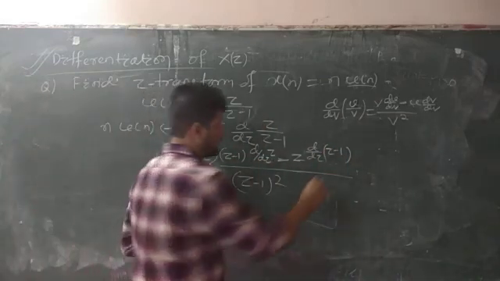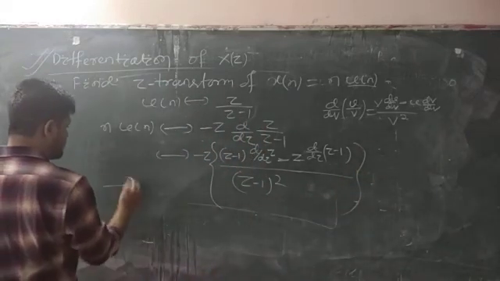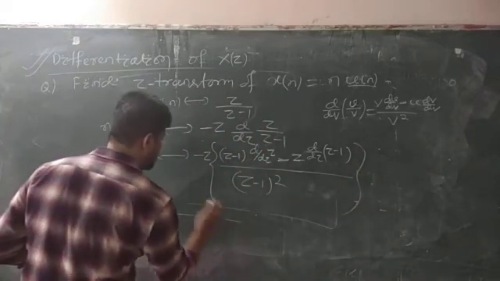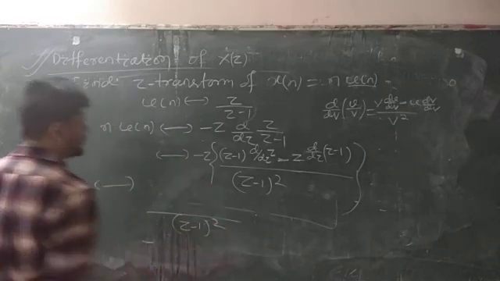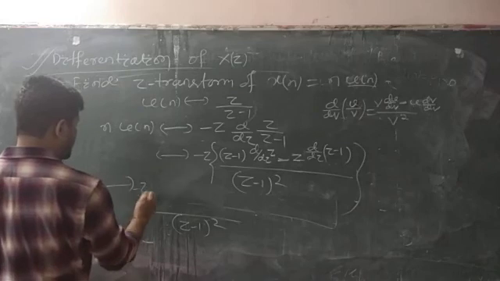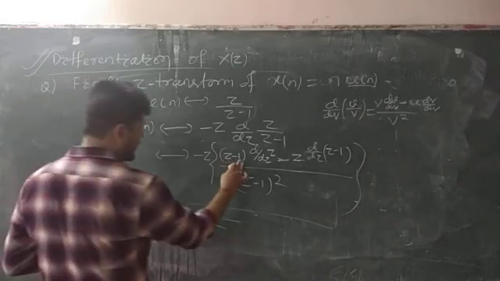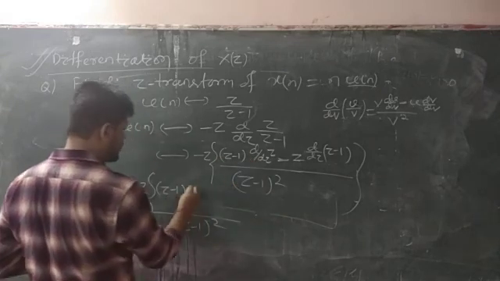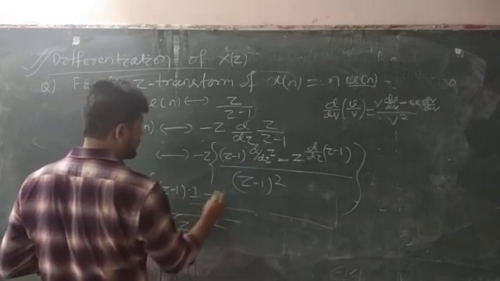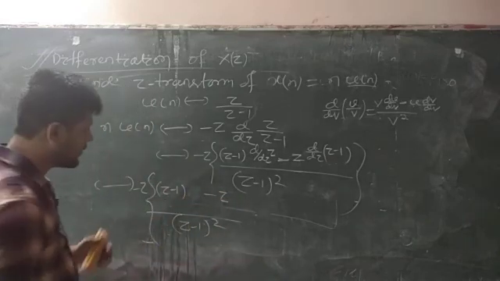Now you will solve this derivative. What will be the result? I am writing here z by z minus 1 whole square, and this will be minus, minus z is multiplied. So here z minus 1, the derivative of z is 1, so into 1, minus again z into 1, which directly I can write as minus z.